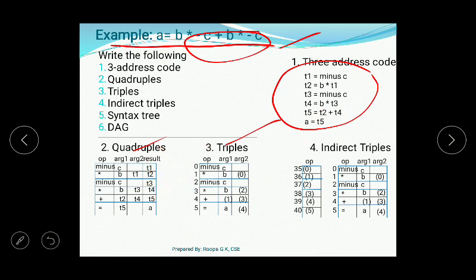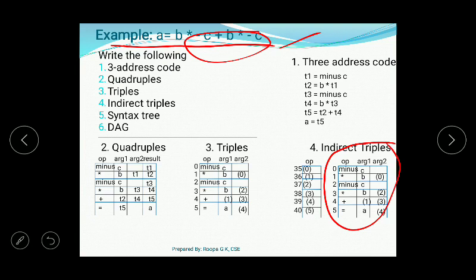Then last one, not so much important, that is indirect triples. We are using pointers to the triples. Triple representation as usual we have. Then this is just pointer, which is the snapshot of the memory. 35, 36, that's any value, memory location value. And this is the order of instruction execution 0, 1, 2, 3, 4, 5, etc. 0 means index. Index is 0. So minus of C first executes. Then 1. 1 means B into minus C second.